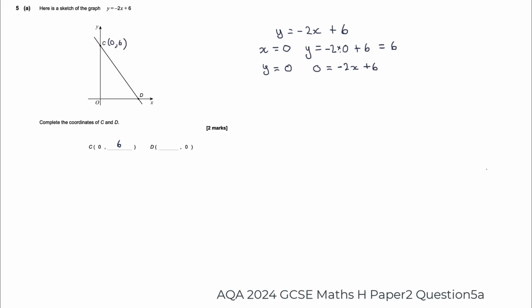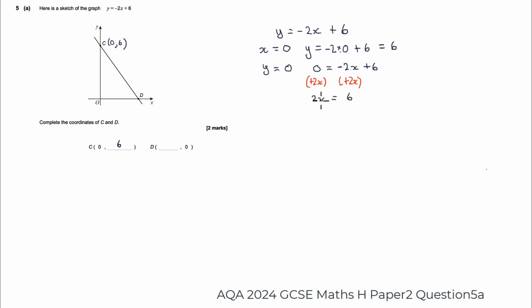Here's an equation to solve. So let's add 2x to both sides of this equation. Now the reason I'm doing that, you'll see in a wee minute, but when we add 2x to 0, we get 2x. When I add 2x to negative 2x, that vanishes, and we're just left with this 6.